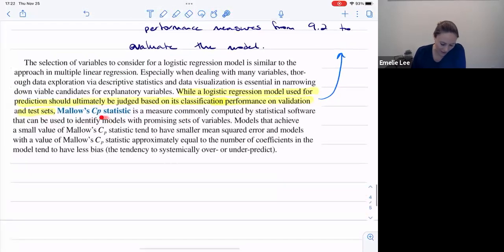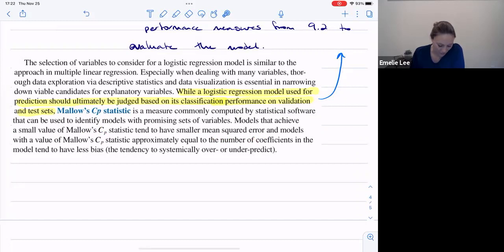Okay, so Mallow's Cp is one of those, and I can't remember what the C stands for. P is probably number of predictors or something. But what it does is if you get a small value of Mallow's Cp, then you tend to have smaller mean squared error. Okay, and that's a good thing, right?